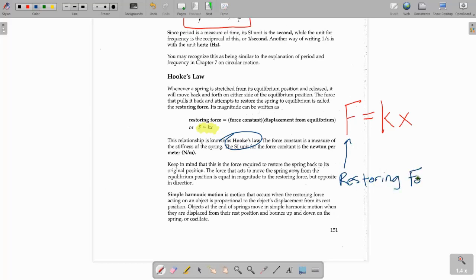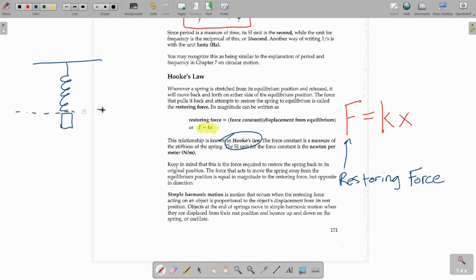Restoring force. Remember, that's when you stretch a spring and you let it go, and there's a force that wants to move the mass that's on the spring back towards the equilibrium position. Say you have a spring hanging like this, attached to a mass right here.